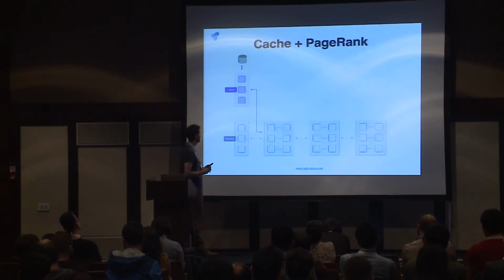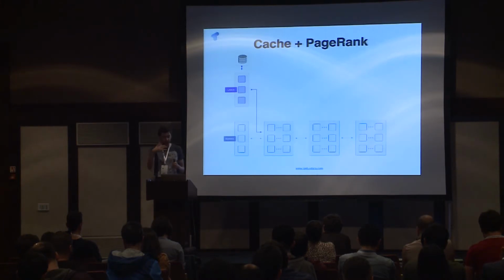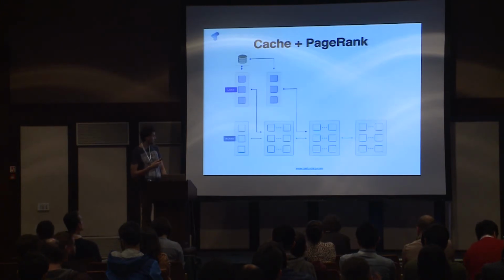Just to give you an example of an algorithm where caching becomes helpful. The PageRank algorithm is an algorithm where we do a join of links and rankings, and we do that multiple times. So we join the current rankings with links, we calculate new rankings, and then we do the join again and again.